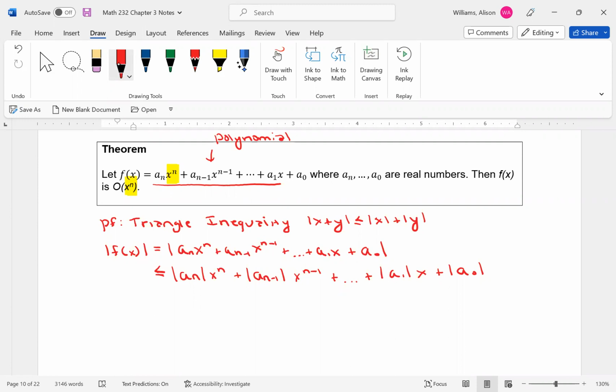Okay, so now that that's true, I'm going to use a little bit of algebra here. I'm going to factor out x to the n from every term. So in the first term, I'm just left with the absolute value of a sub n. But in the second term, I'm left with absolute value of a sub n minus 1 over x, because this only has an x to the n minus 1, so it can only give me n minus 1, and I'm taking out n.